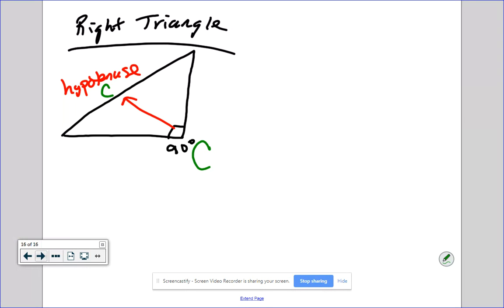Now, these other two sides, we just call legs. To be perfectly honest, which one you call A and which one you call B doesn't really matter. I usually just go A there and B here, but that's just personal preference.